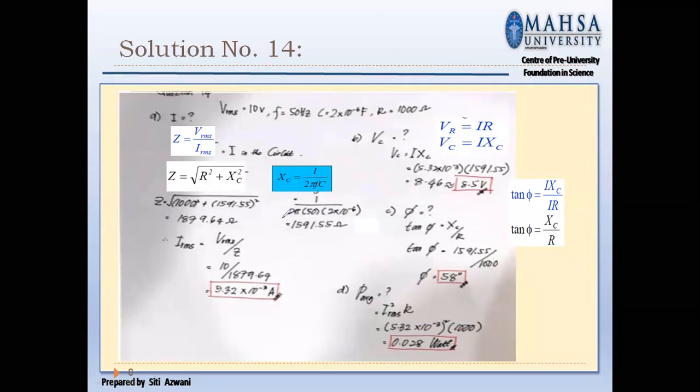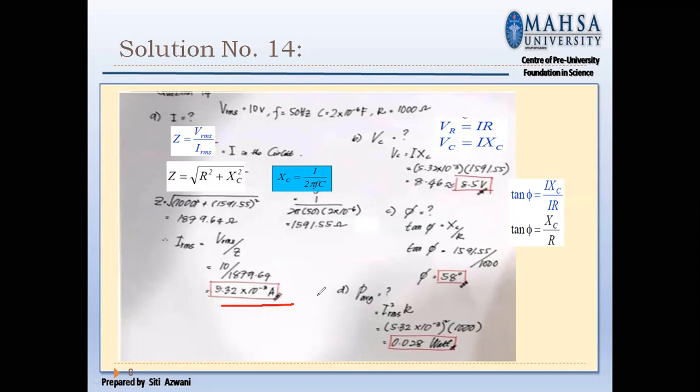Then substitute into your formula for the impedance here and solve for Z. You got 1879.14 ohm. Then substitute into your formula here to calculate the IRMS. Solve it and you got 5.32 times 10 to the power negative 3 ampere for your IRMS.